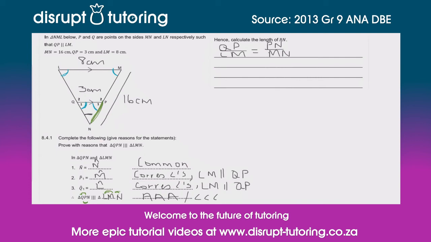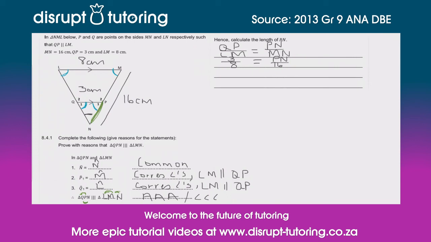That's the first step. Now we can plug in our values. So we know that QP is equal to 3 centimeters. We know that LM is equal to 8 centimeters. We don't know what PN is, so we can write PN again. And we know that MN is equal to 16 centimeters. Now we need to solve for PN.